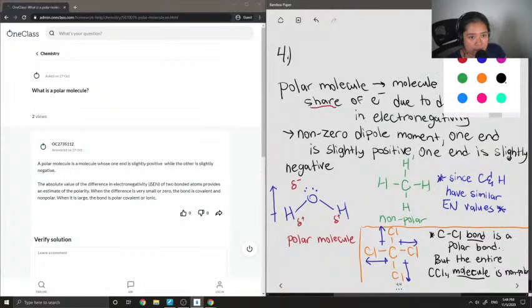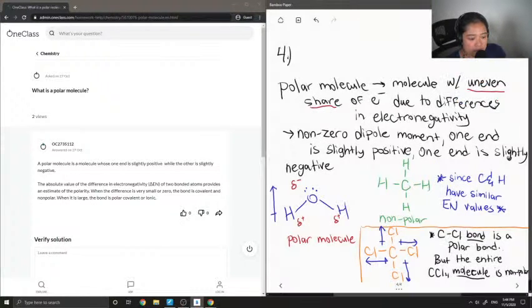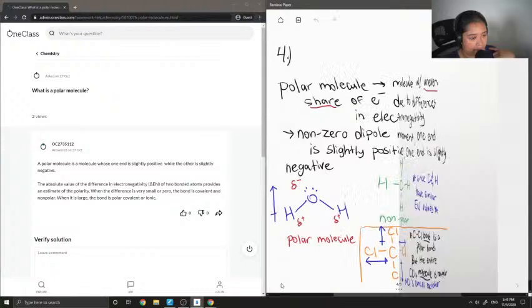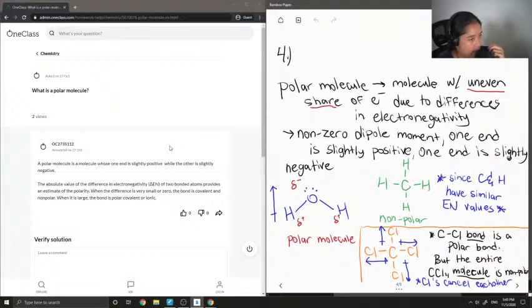This is because you'll see that they all cancel each other out. The chlorines cancel each other. Yeah, so that's all there is to that.